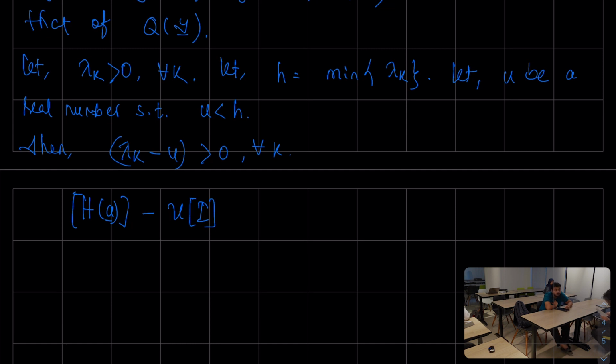Essentially these are the eigenvalues of this matrix. Okay. Any question? The eigenvalue of a unit matrix is identity.